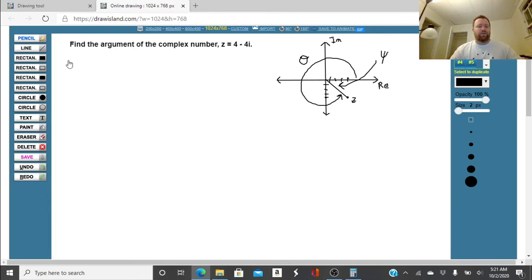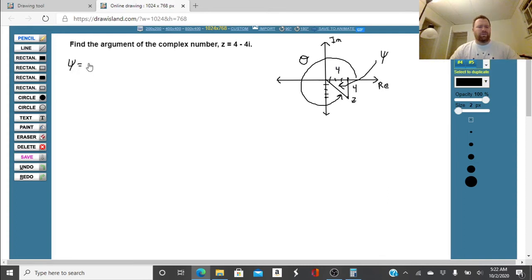Okay, so our angle phi is going to, well, let's form a triangle here. Actually, let me undo that for one moment. Form a triangle here. So we know that this side of the triangle is 4 units. This side of the triangle is also 4 units.